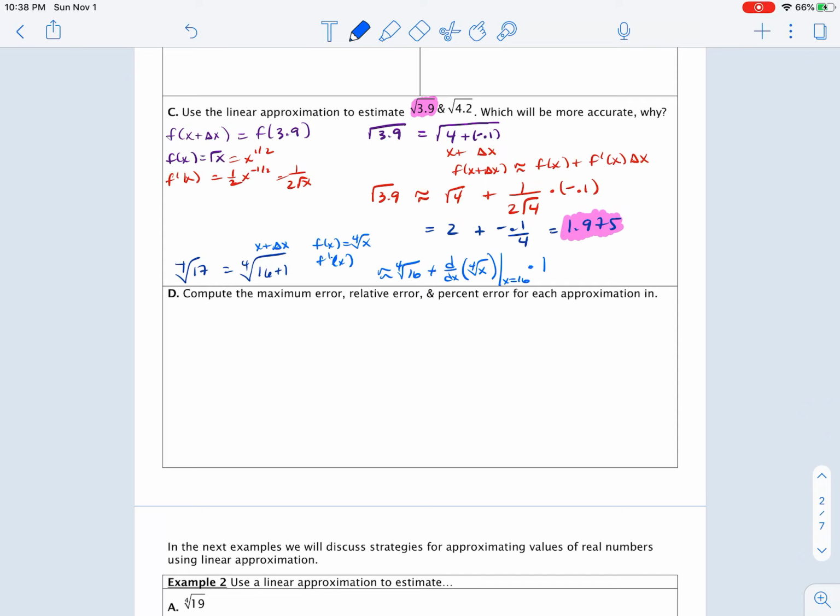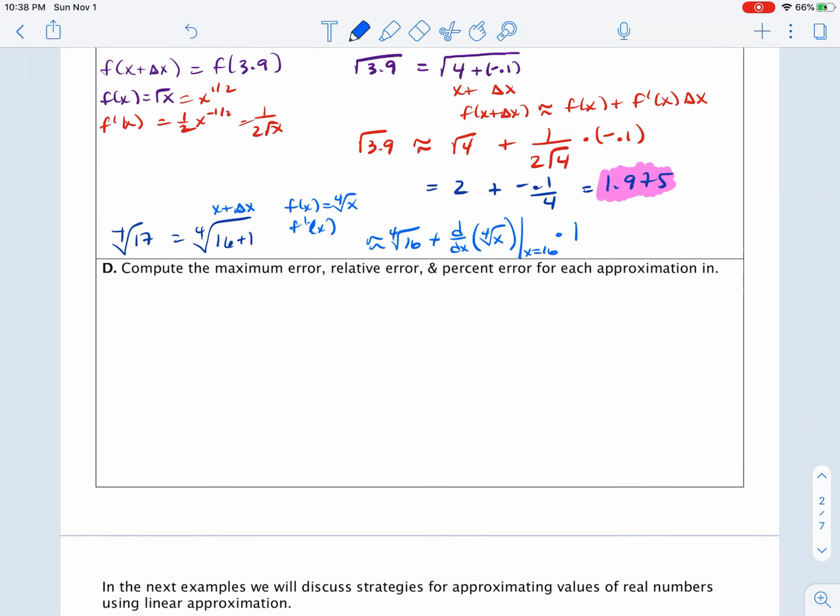All right. So how would I calculate my maximum error and my relative error and percent error, and what do those mean? All right. So our maximum error is going to be defined to be the dy.